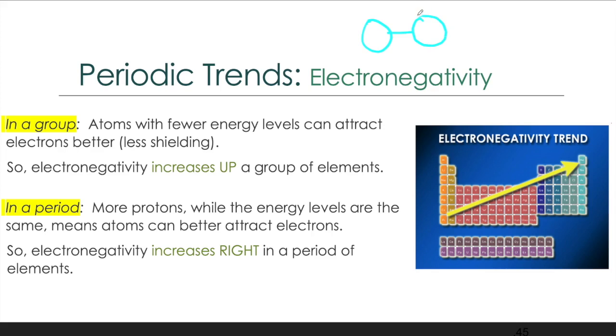The atoms with a higher electronegativity, for example, between hydrogen and chlorine in the molecule hydrogen chloride, the chlorine atom has a higher electronegativity. So the atom with the higher electronegativity will pull on the electrons more strongly towards itself. Which electrons?